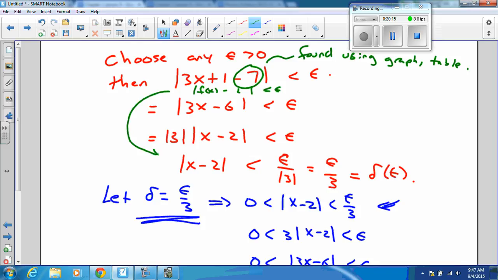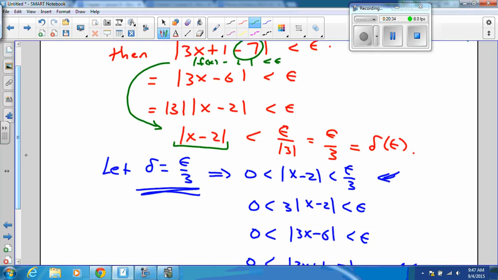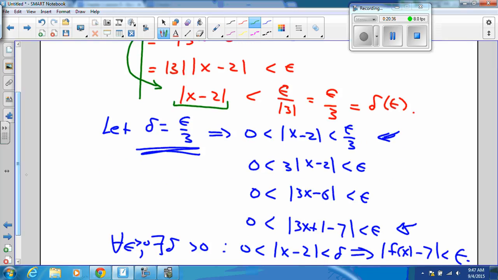Then we took the expression absolute value of f of x minus L less than epsilon, and we massaged it a little bit until we got to the point where we could find a delta in terms of epsilon such that x minus 2 is less than delta.